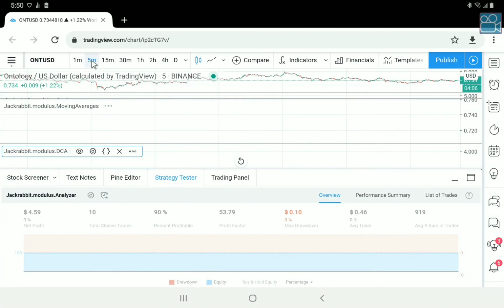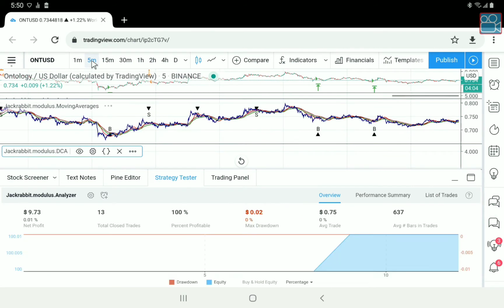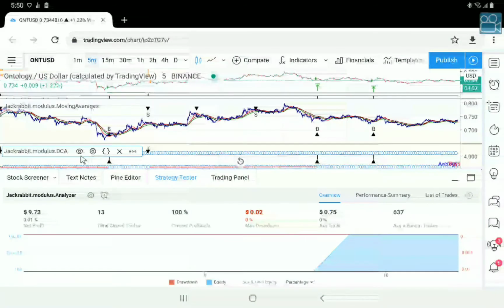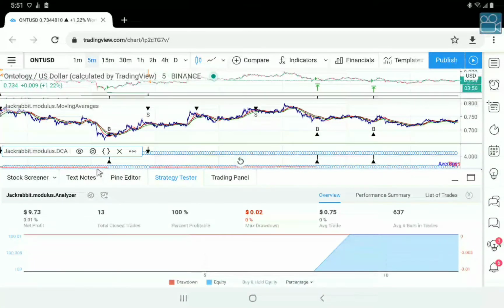Let's go back up to here. Go back to the 5-minute, $9.73 in 17 days. It gives me $100 budgets. 5 coins are not breaking even. I'm looking for 100. So you have to look at your budget versus your strategy. This isn't working.